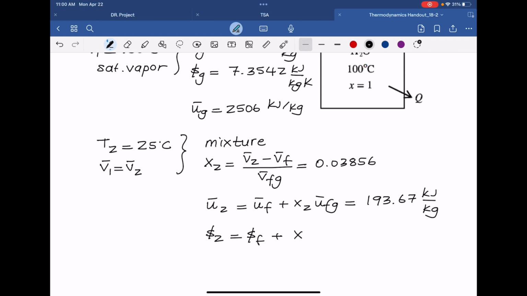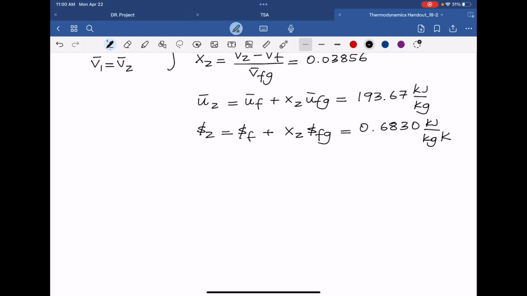The pressure and the temperature are changing, so we need to use mass times specific entropy change to be able to calculate the total entropy change in this process.